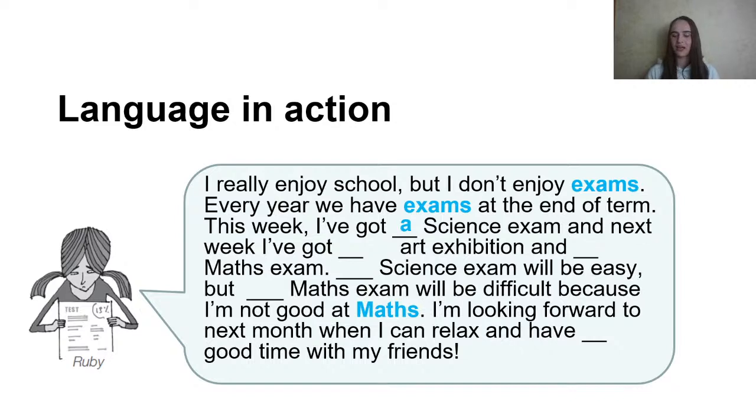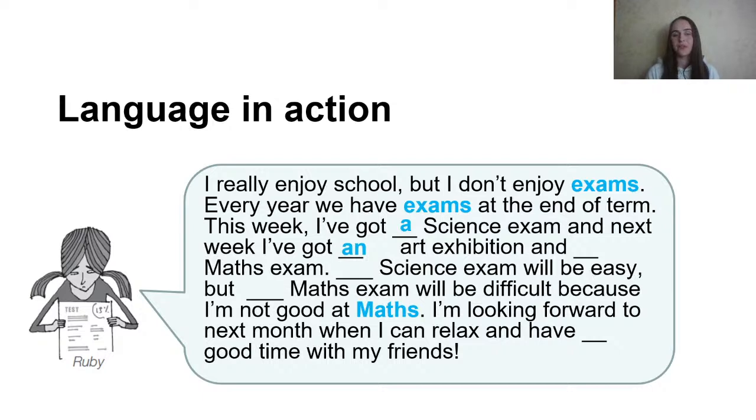This week I've got a science exam, and next week I've got, again, think of the theme. We talk about those things for the first time. So this week I've got a science exam, and next week I've got an art exhibition.